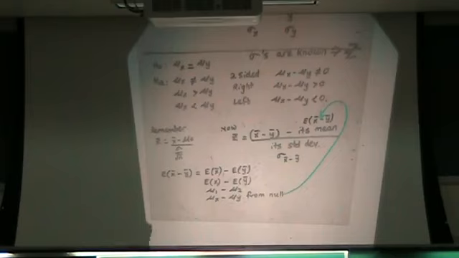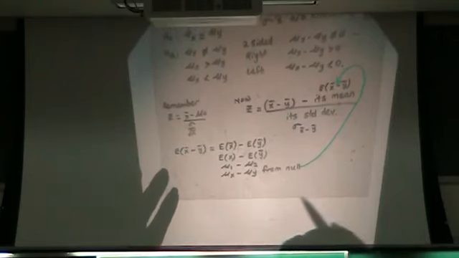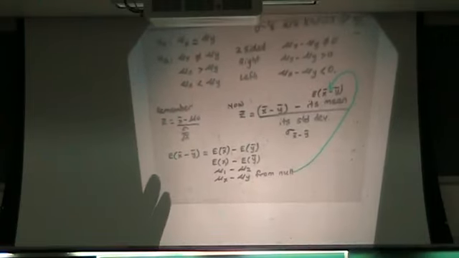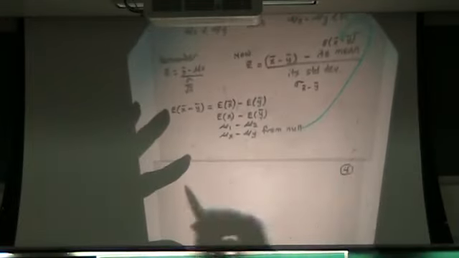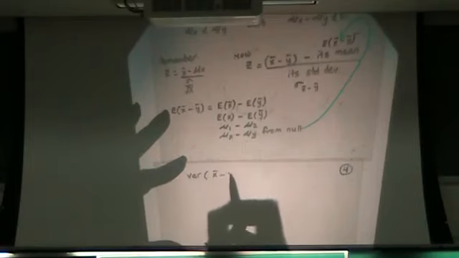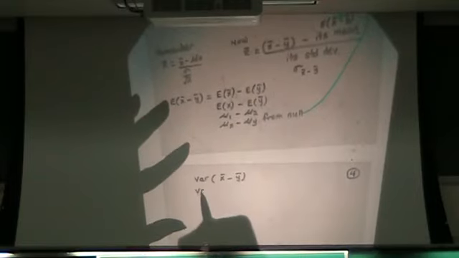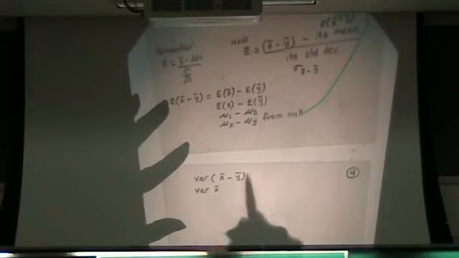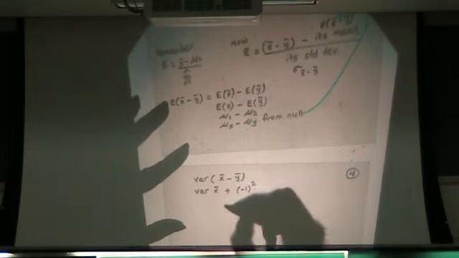And then I also have to figure out what sigma x bar minus y bar is. So the first thing I will do is find the variance and then take the square root. So variance of x bar minus y bar is equal to variance of x bar plus -1 squared. Remember, the coefficient gets pulled out and squared.